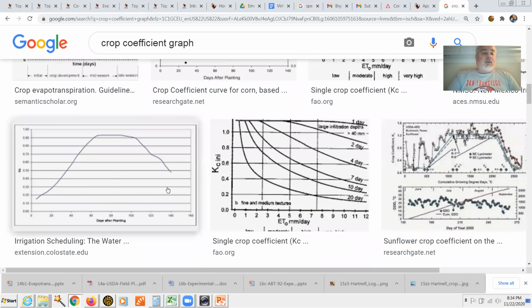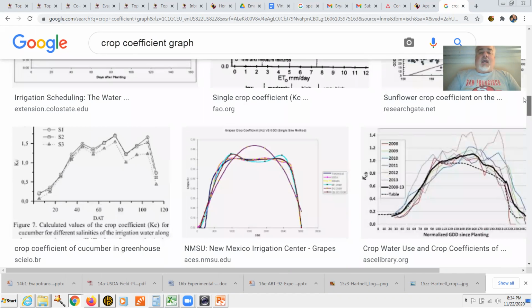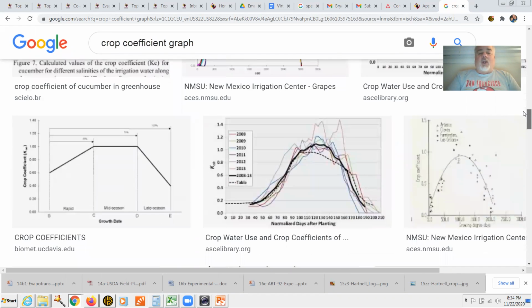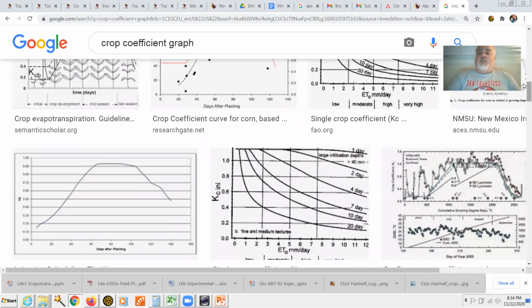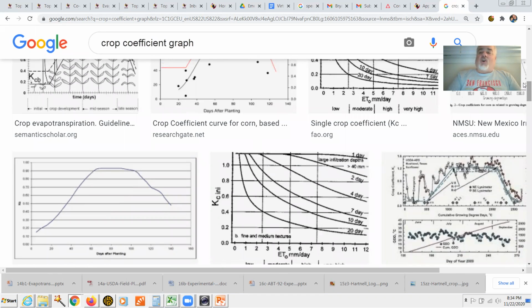Here's another graph showing very similar types of patterns. The graphs are going to look similar, but they're going to change dramatically in the details, whether you're growing rice or spinach or grapes or whatever else. You need a good crop coefficient, and they're based on where I am in the growth of my crop, and how much ground cover there is. If I took an aerial photo, what percentage of the ground is showing versus shaded by canopy?